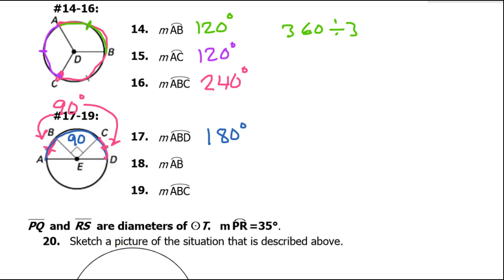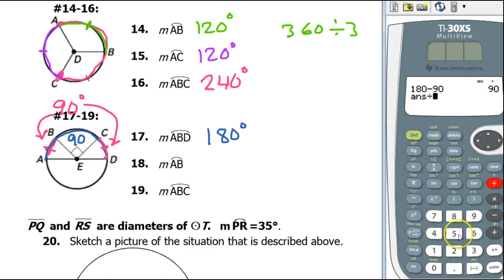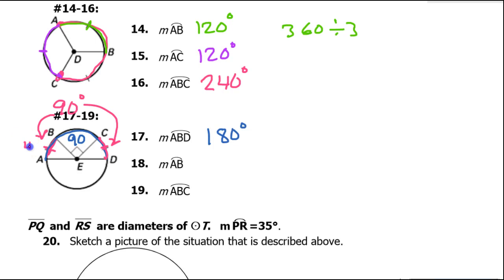So in other words, if I take that 90 degrees and I divide by 2, I'm going to get 45 degrees. So that means this remaining 90 degrees is really 45 degrees here and 45 degrees here. So that's why AB is going to be 45 degrees.